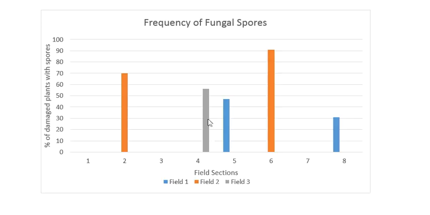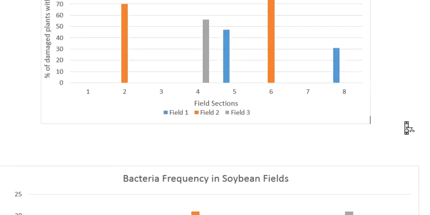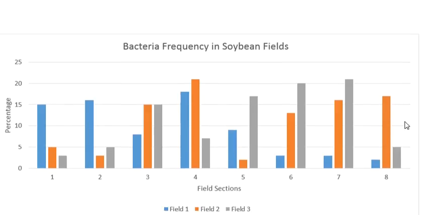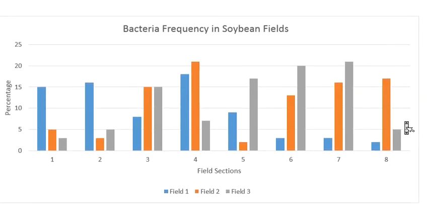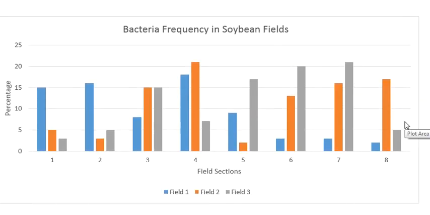Field 3 only had 1 spot where there was some fungal infection. So there seems to be little difference between the fields, and fungi seem to be not significantly correlated to the differences in yields.